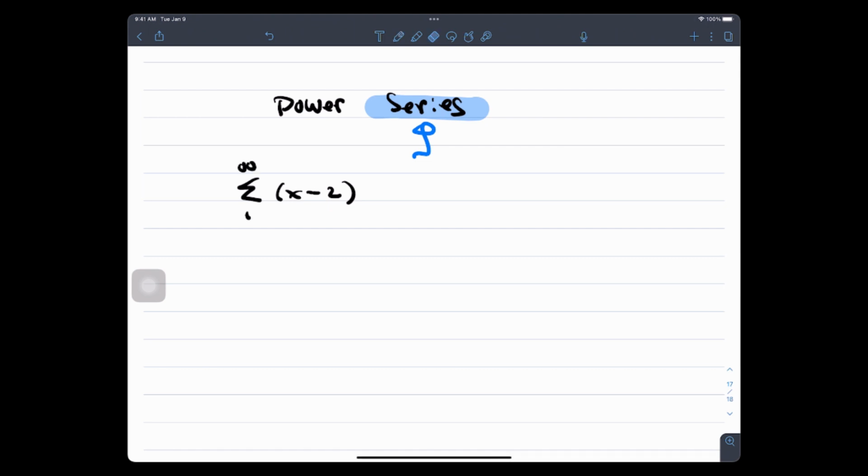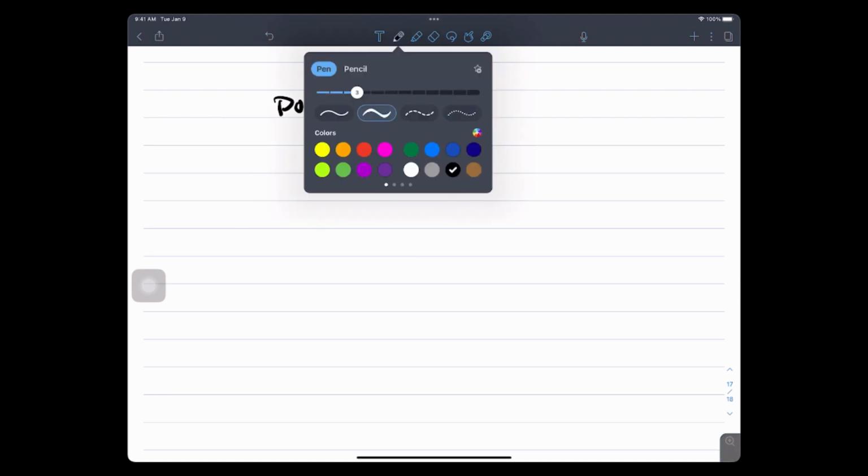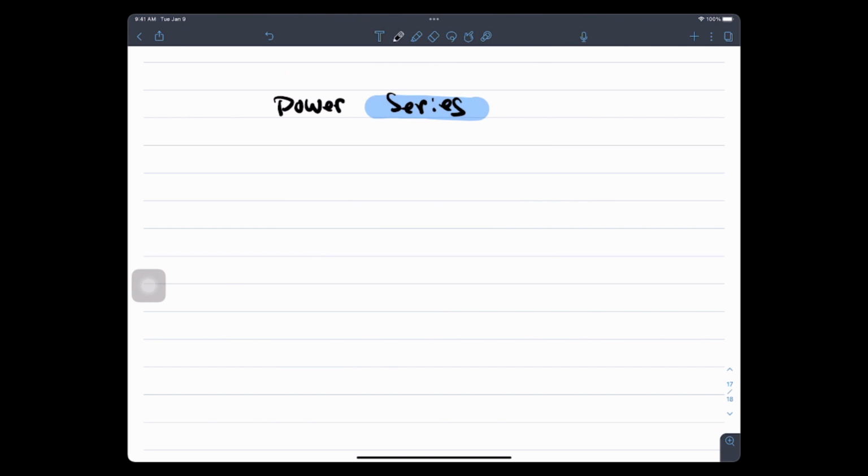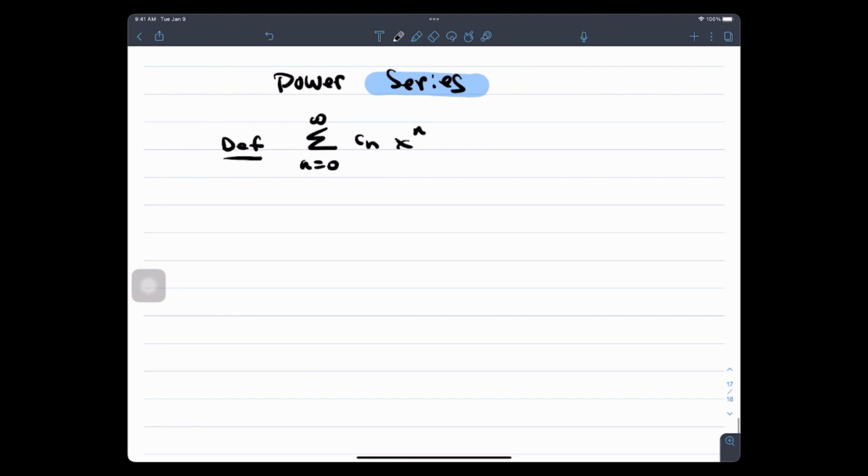Well, let me give you a definition here. A power series, by definition, is any series that looks like this. So this is going to be one definition of power series. You say, what does that mean?